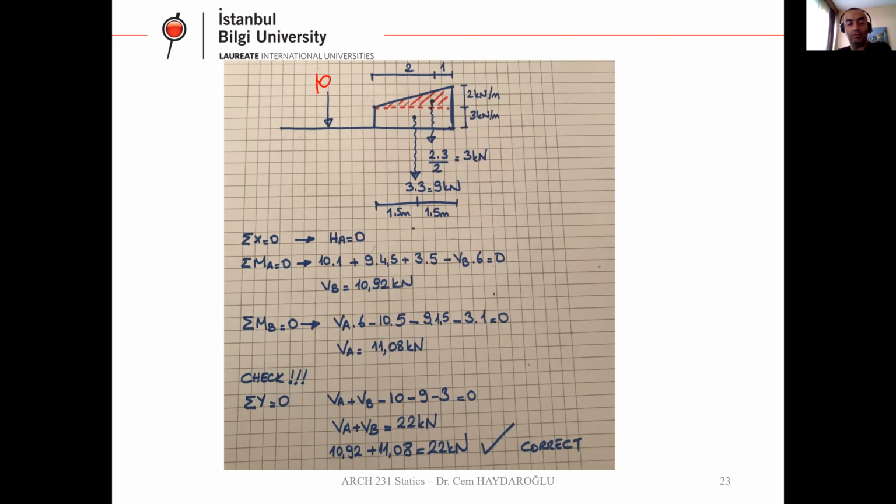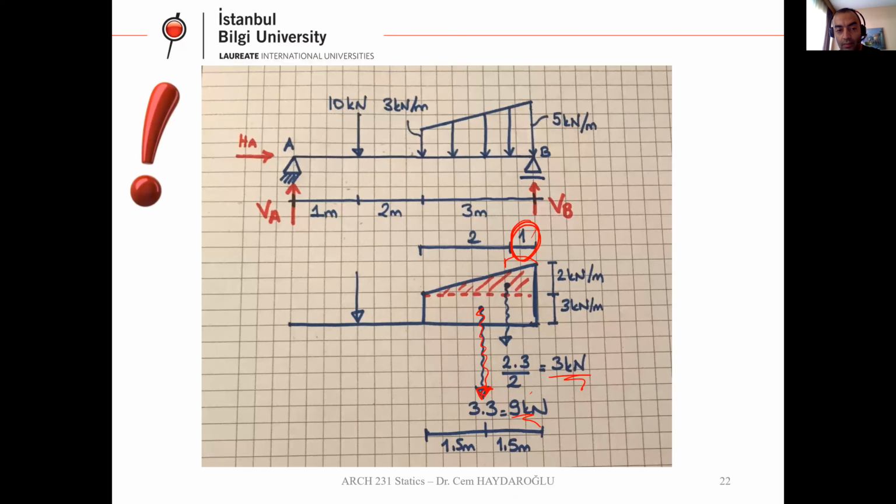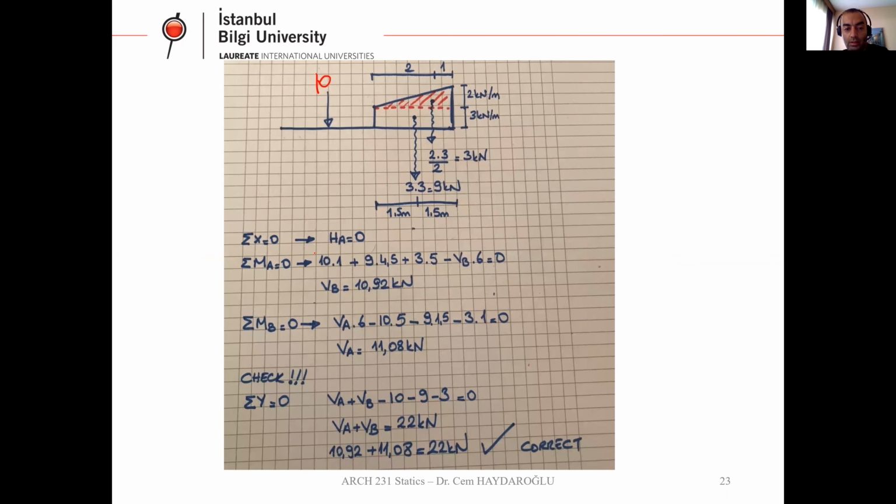On this beam, we can write the total x. There is no lateral horizontal loading, so HA, the horizontal component, is here 0. There is no lateral load, as you can see here. Okay. Then total MA, this is point A. Total MA, 10 times 1.